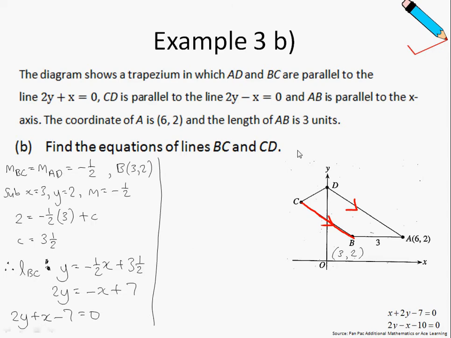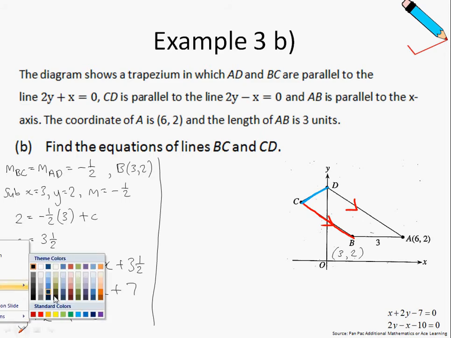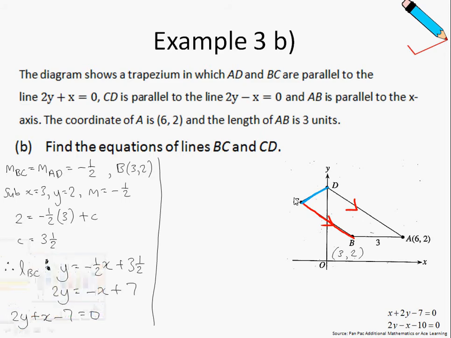Now let us move on to look at line CD. Probably for this I'll use a different color. So line CD is over here. And recall that we found our gradient of CD to be positive half, and previously we also found point D to be (0, 5).